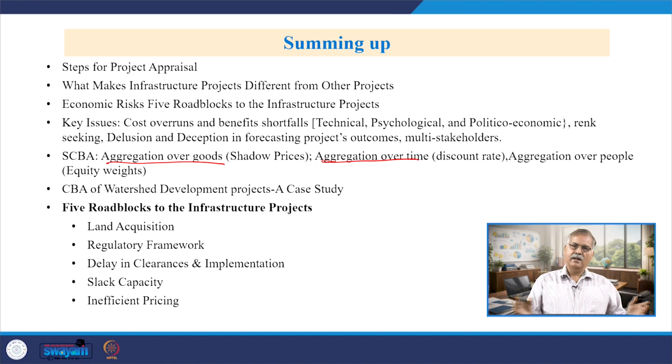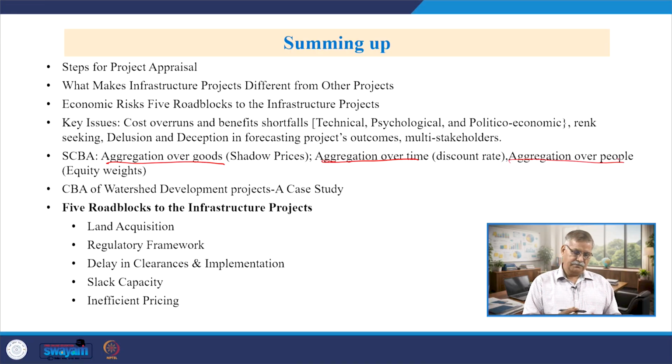And when you have alternative projects, those projects which have a higher benefit cost ratio must be given priority in the selection. We also discussed another important issue, and that is aggregation over people.